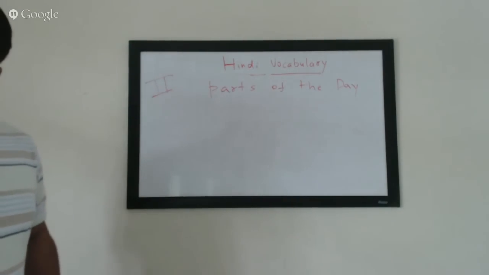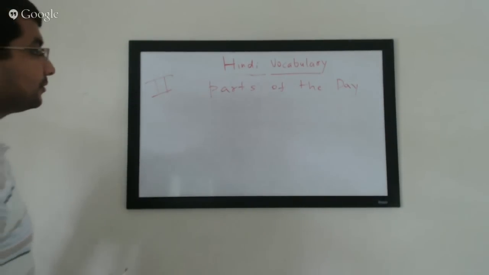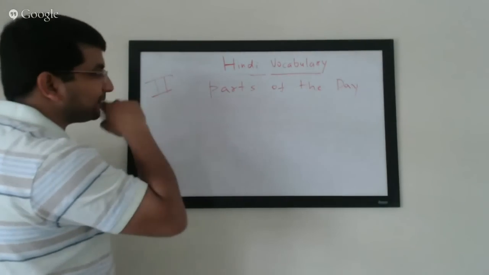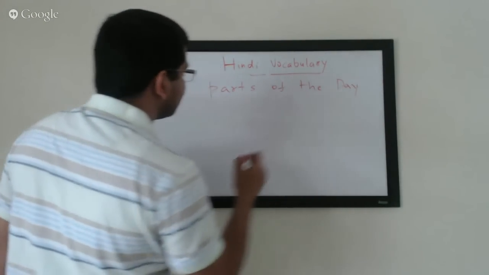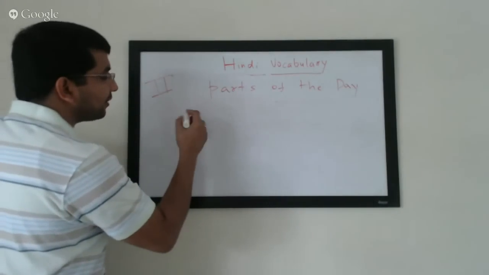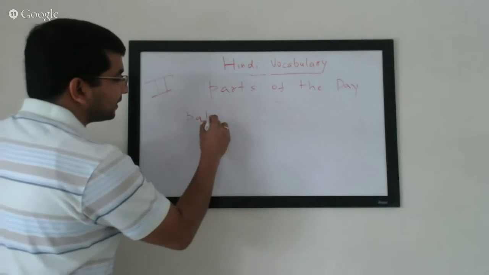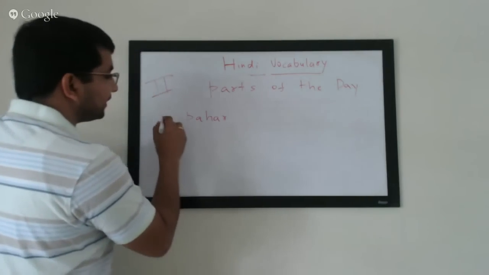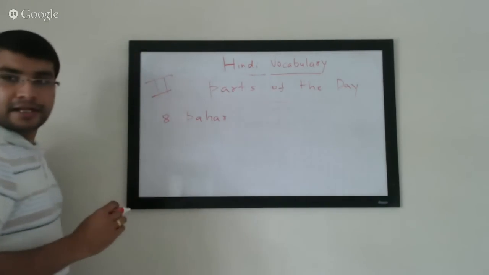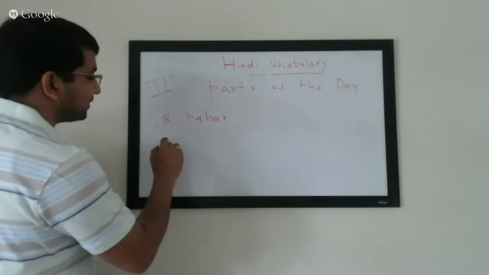And most of you already know that there are several phases, but I'm just going to cover four out of those eight. We call it pahar, basically pahars, and there are eight pahars in a day, right? And each pahar is approximately 3 hours.